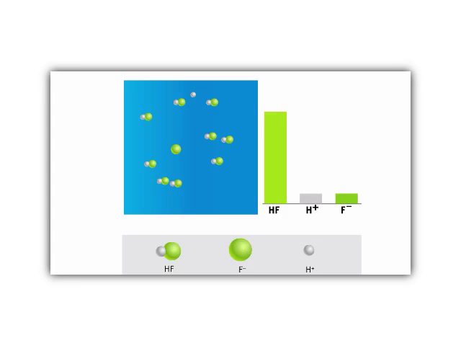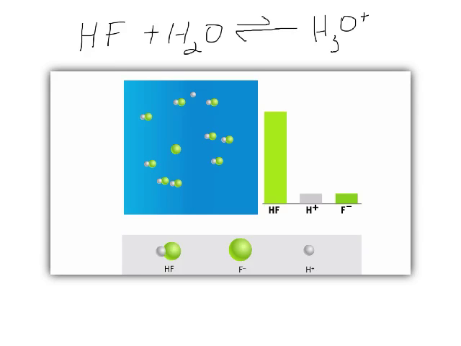So because this is weak, I'm going to do it a little bit differently. So it's going to be HF and H2O. And here's what's different. The reaction doesn't go so far to the right, so I'm going to use a shorter arrow that direction and a longer arrow going back to the left. On this side, I'm still going to have a hydronium ion, and I'm going to have the fluoride ion.